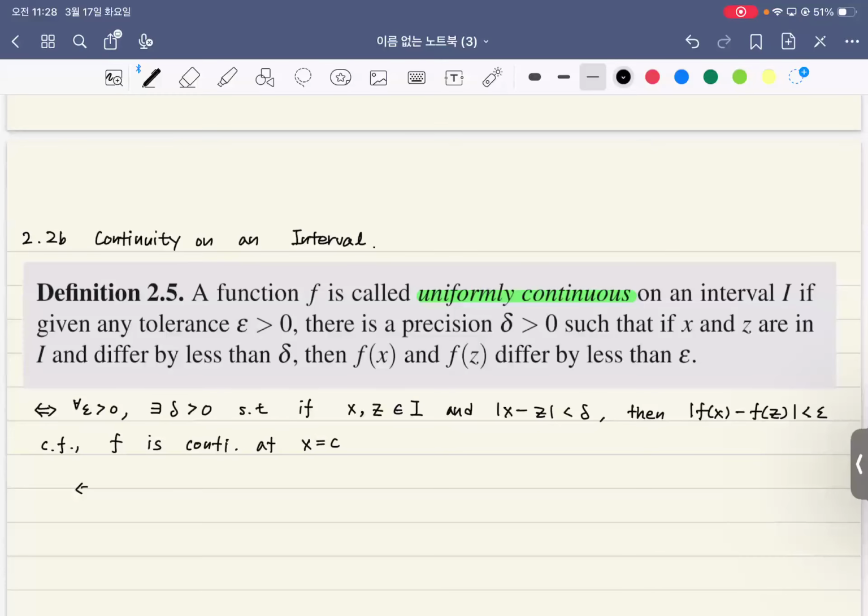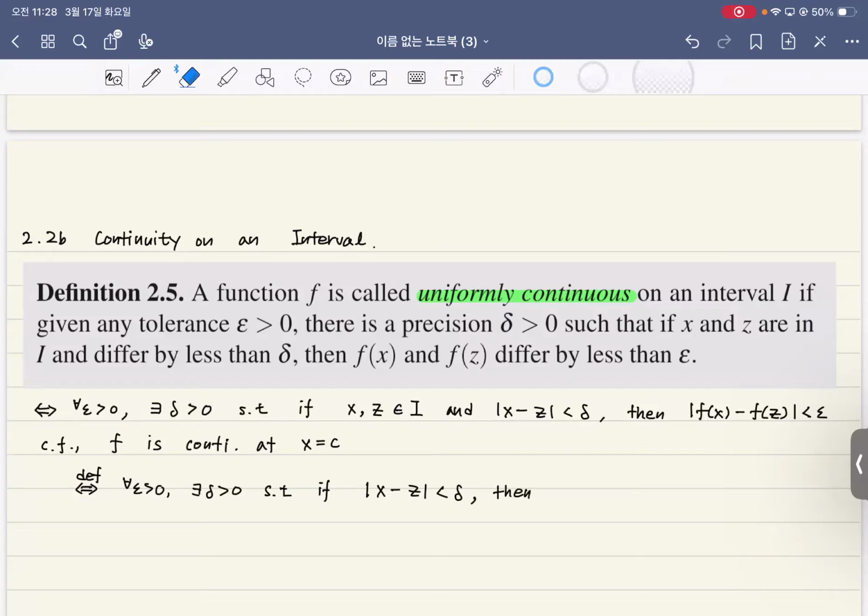This is defined to be: for any epsilon, there is a delta such that if |x minus z| is less than delta, then |f(x) minus f(z)| is less than epsilon.